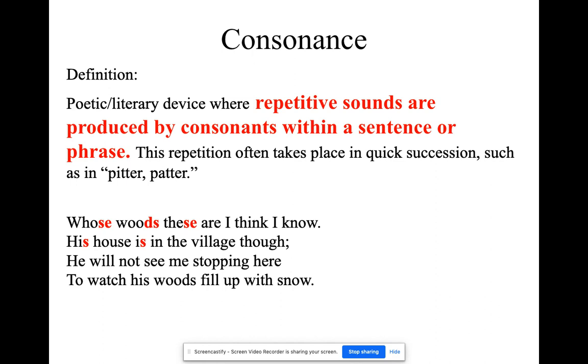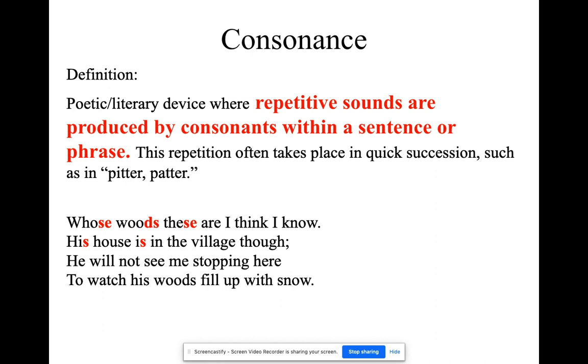And then the last one is consonance: repetitive sounds produced by consonants within a sentence or phrase. We have the repetition in quick succession, as in the words pitter patter. You have the repeated TT sound and then the sound at the end of the word. In the example, you can see the consonants with the repetitive sounds, like a Z sound.